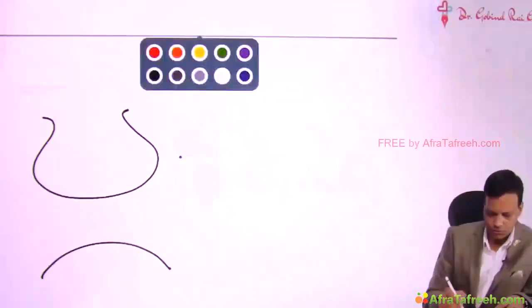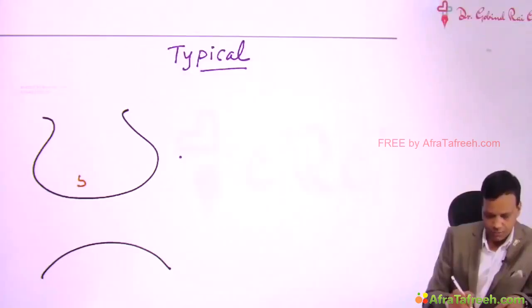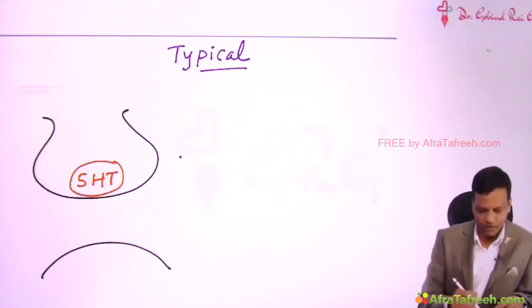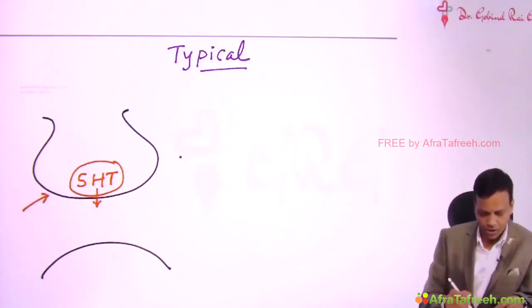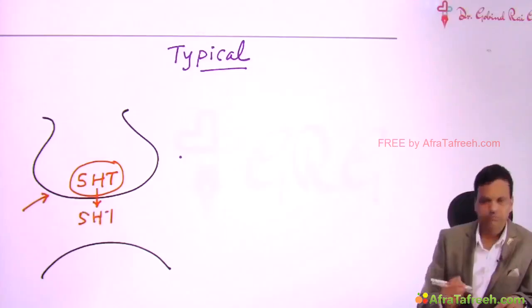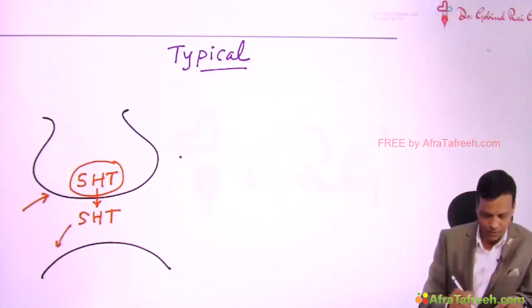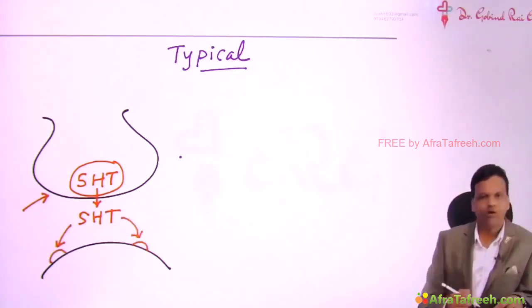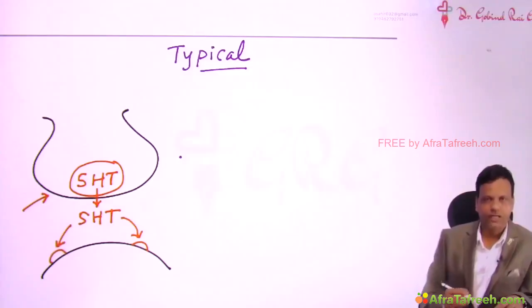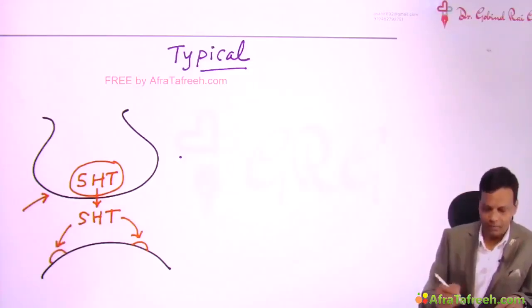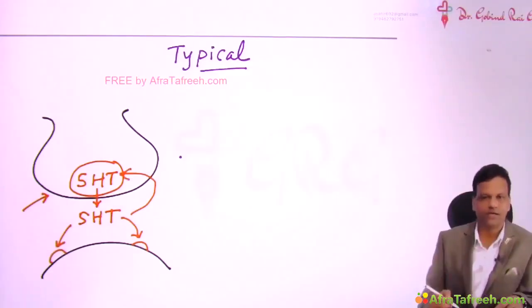So this is a neuron in which serotonin is produced and stored. When the nerve impulse comes, serotonin is released. Then it works on receptors. Now we have to stop the action, and the action will be terminated by reuptake. The main method of termination is reuptake.